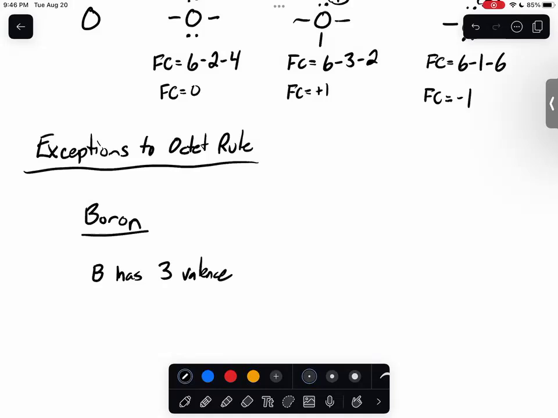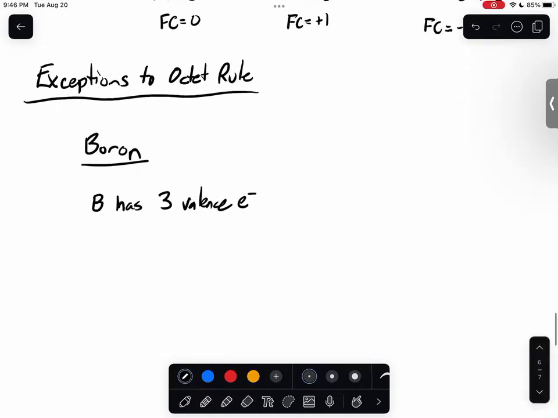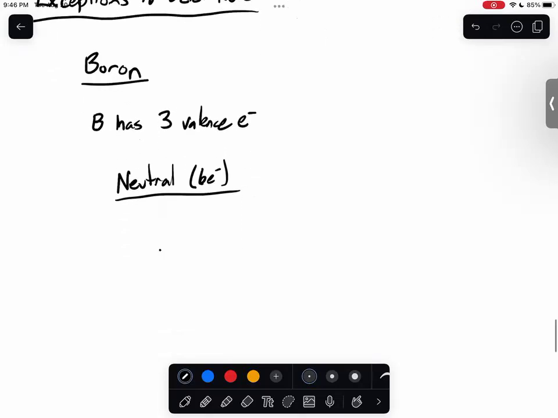And the weird thing about boron is since it has those three valence electrons, really it only wants to use each one to form one bond. So the neutral form of boron actually only has six electrons, right? So it's an exception to the octet rule. It's because boron just likes having those three bonds, and then it just kind of likes having nothing else, right?